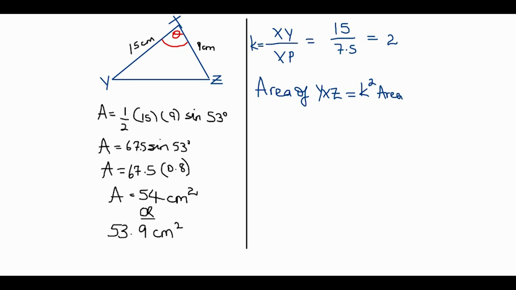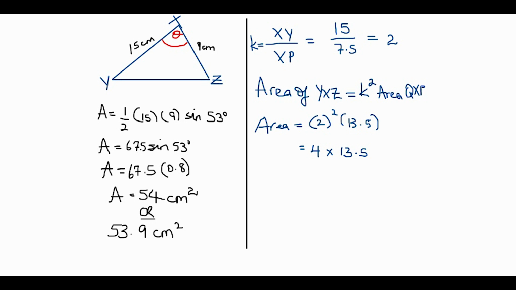QXP, right? Right, so we can get the area of YXZ like that using similar triangles. So the area is equal to k squared times the area of QXP, which was 13.5 cm squared, and this would work out to be 4 times 13.5, which would give me 54 centimeters squared.